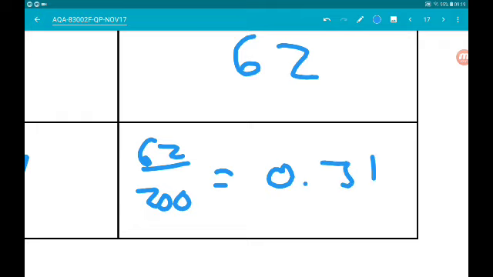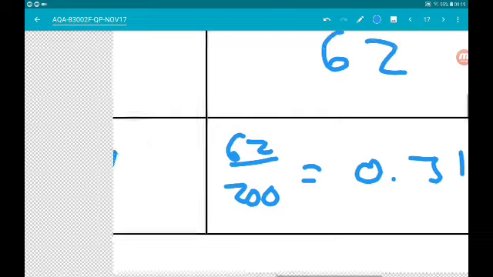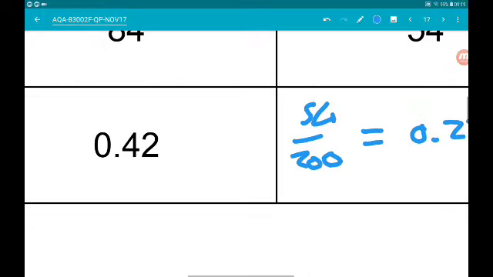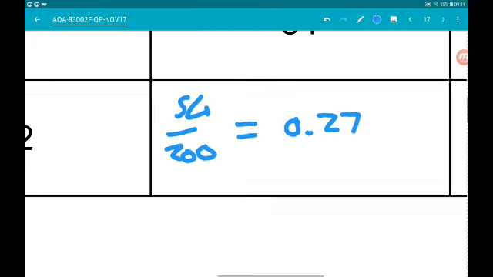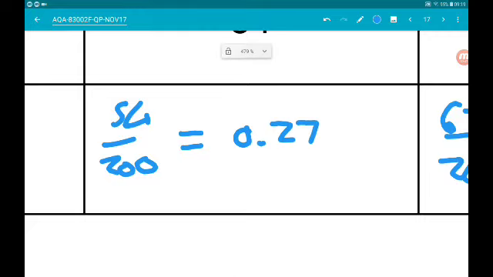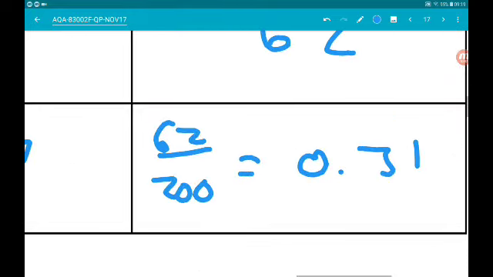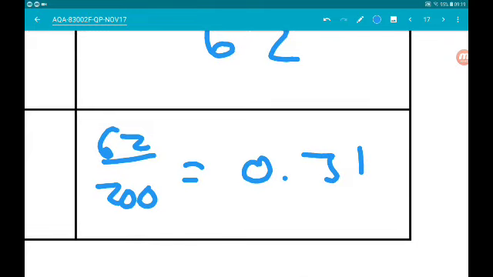Now, relative frequencies are essentially probabilities. So, because of that, they always have to add up to 1. So 0.42 and 0.27 is 0.69, and 0.31 is 1. Cool.